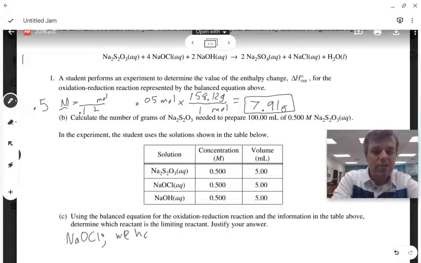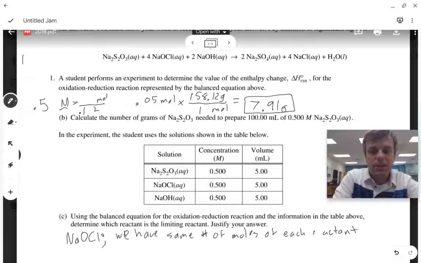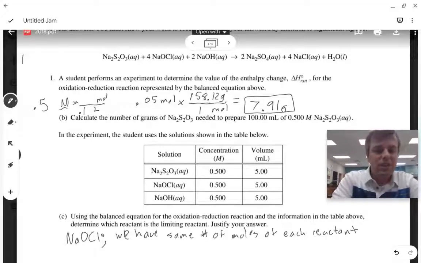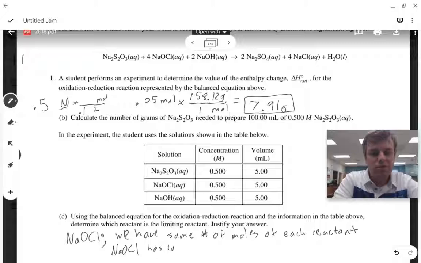We have the same number of moles of each reactant, and since NaOCl has the largest coefficient, it's used up first.